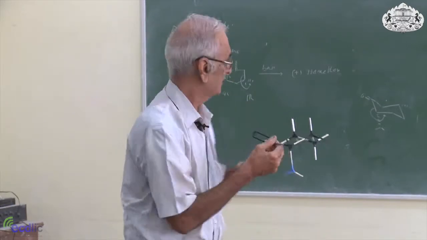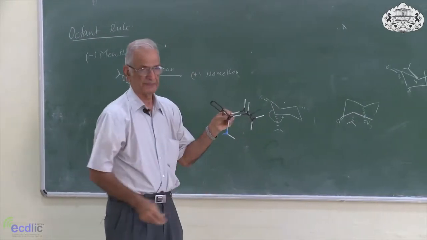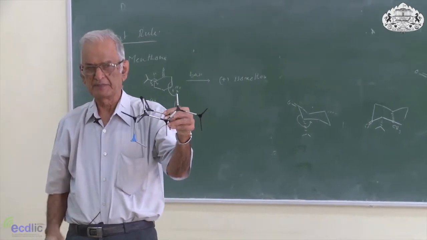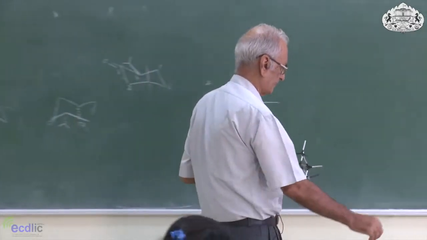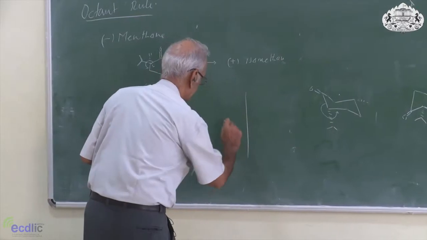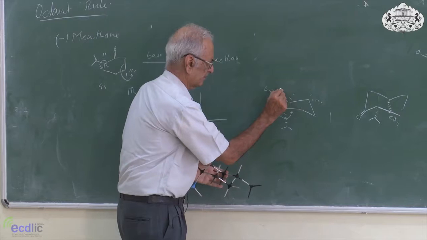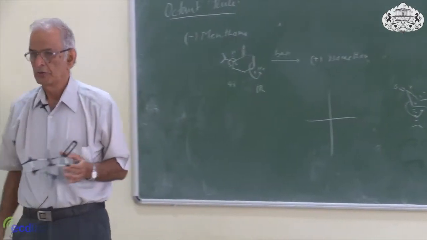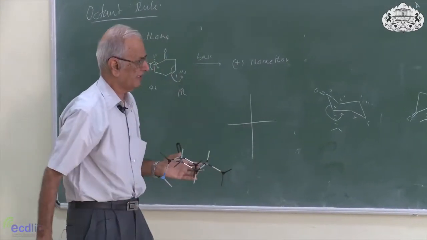All right. So if I go to this picture now, isopropyl group axial, that's the picture. Now if I draw the octant projection, your ketone is once again going to be at the intersection.